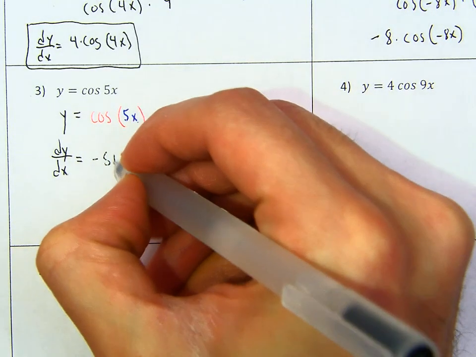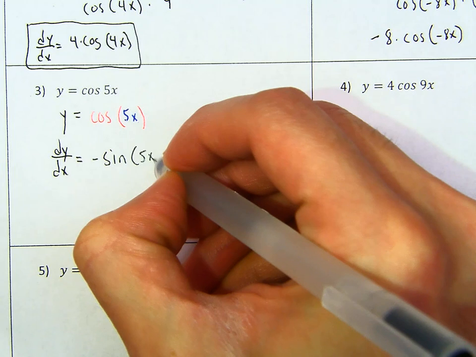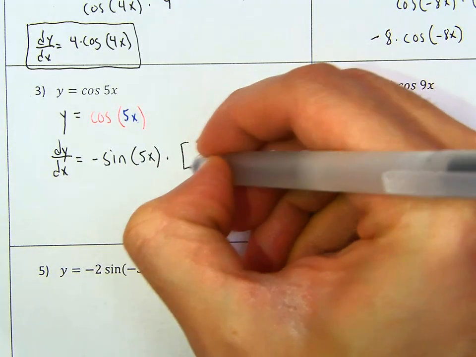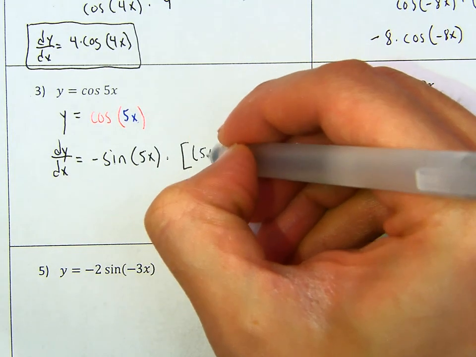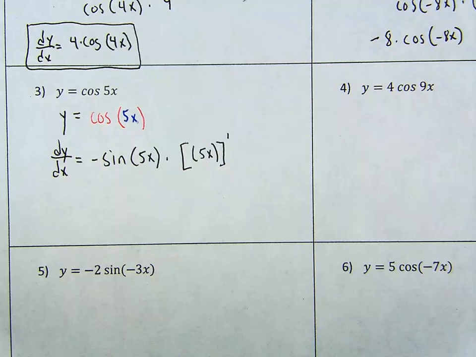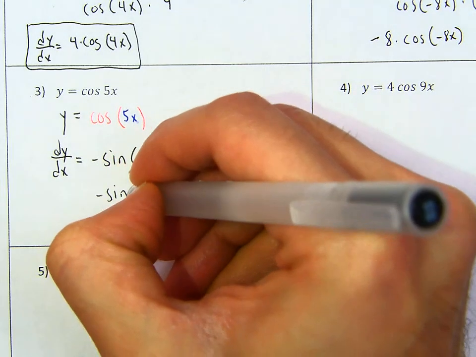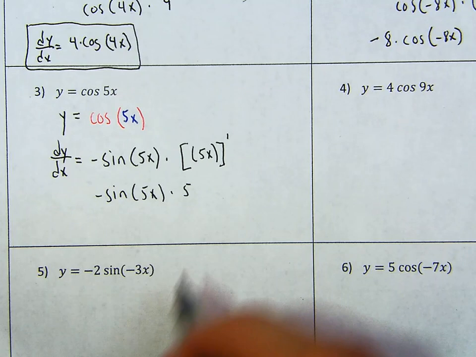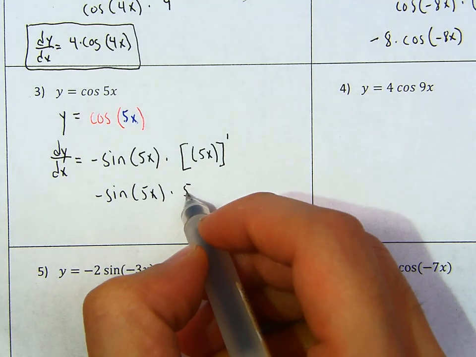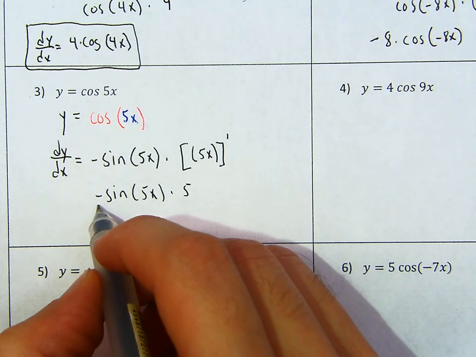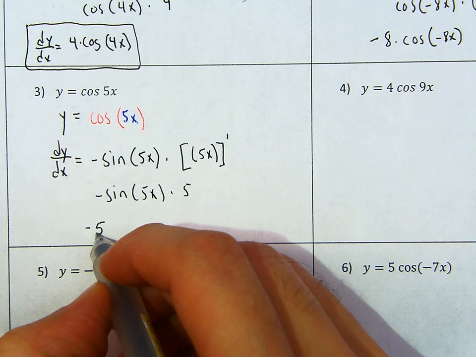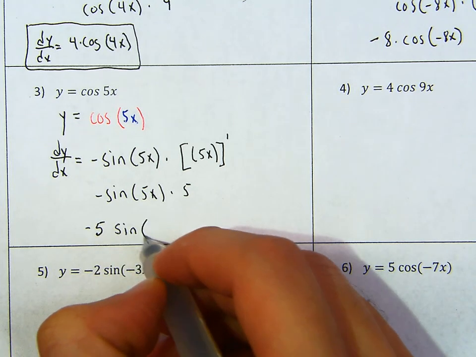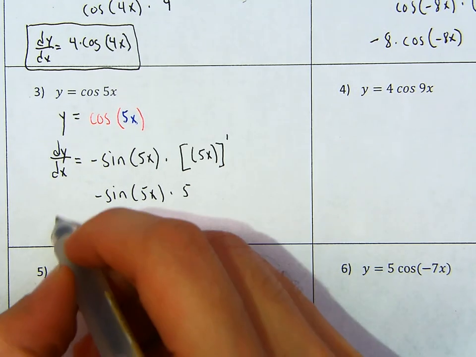It's negative sine of 5x times the derivative of 5x. Okay, so this is negative sine 5x times 5, and then this just becomes 5 times the negative, right? So this is negative 5 sine 5x, and that's dy dx.